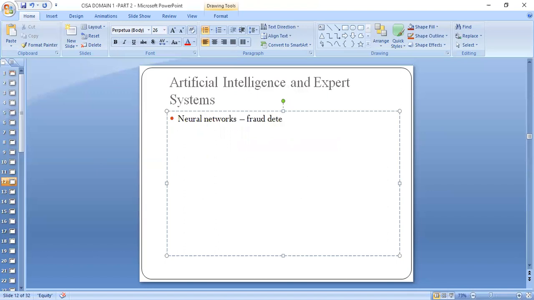So you have AI, artificial intelligence, weak artificial intelligence, strong artificial intelligence, expert systems. All right, so the auditor needs to understand the process. What are we actually using these systems for?